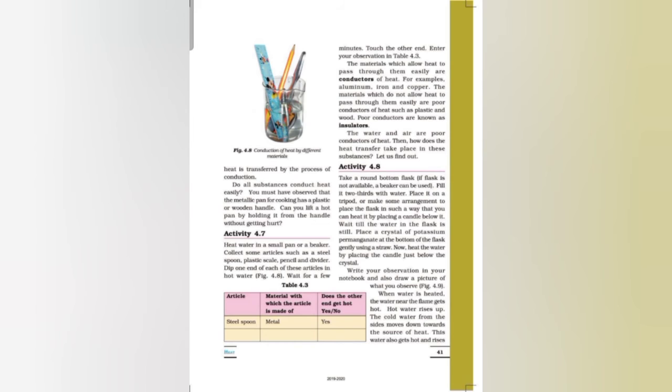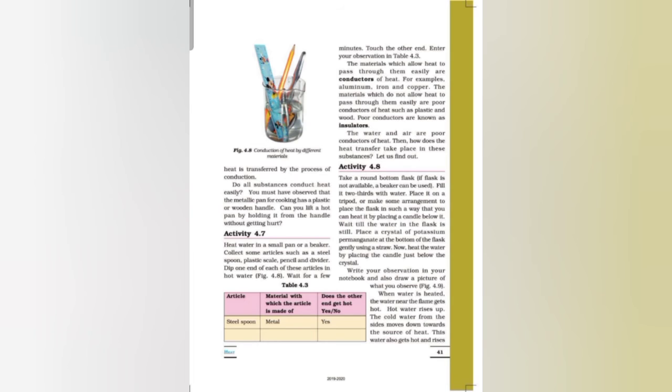So we will perform another activity and we will come to the result whether all the materials transfer heat or not. So there is another activity, activity 4.7. By this activity we will get the conclusion that some materials are good conductors of heat and some materials are bad conductors of heat.